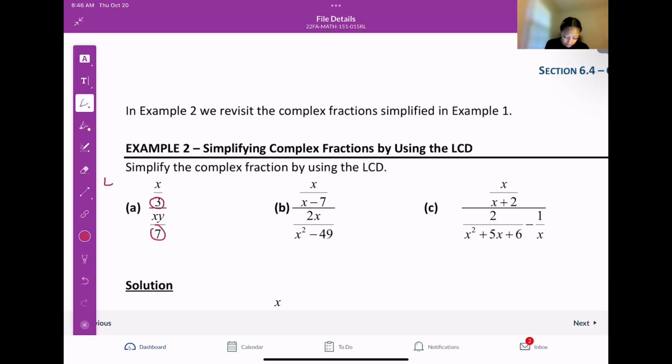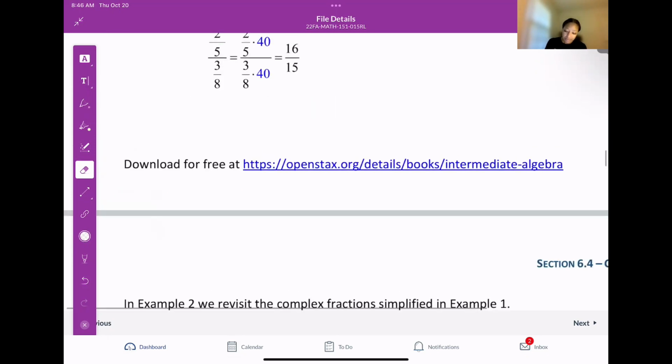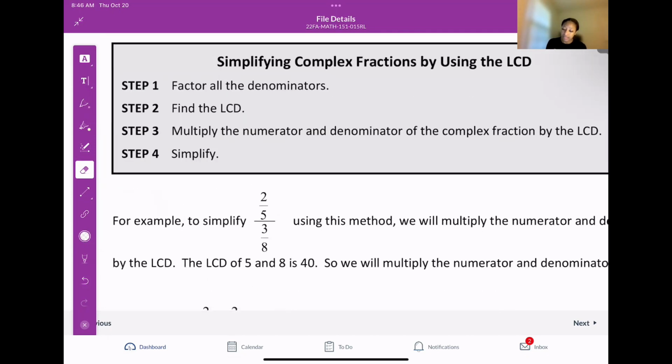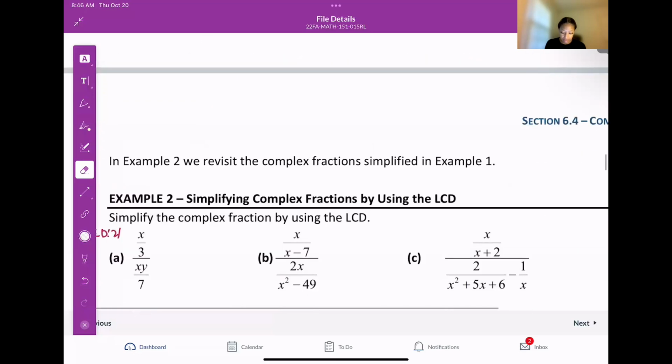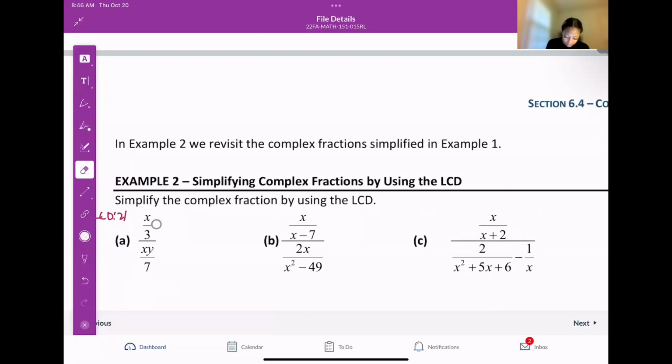So the LCD is 21, 3 times 7. This technique tells us we want to multiply everything, the numerator and denominator, by the LCD. So we're going to multiply this numerator by 21 and this denominator by 21.